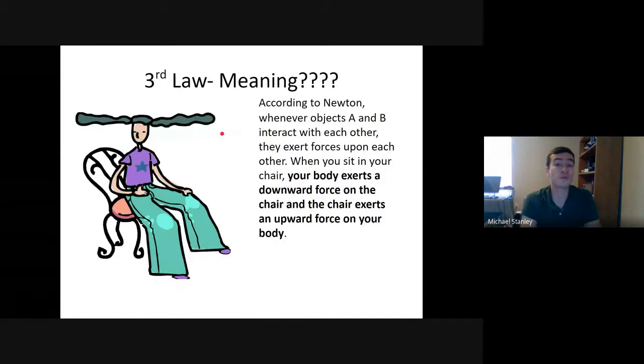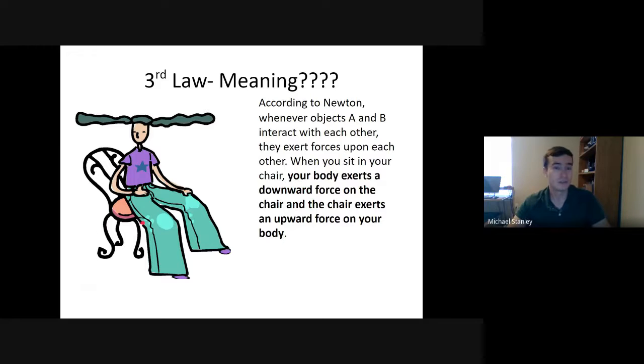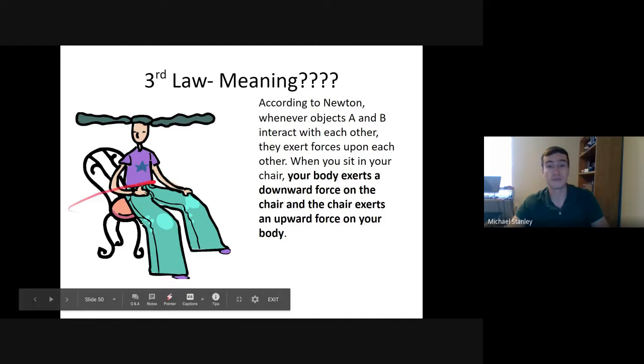The same thing is even working for things that are standing still, like this person sitting in a chair, or the physics textbook example that we looked at in the first law. Your body, or that book, is exerting a downward force due to gravity, and this chair, or that table, is exerting an upward force based on the fact that it's a solid piece of material, so you can't just go straight through it.